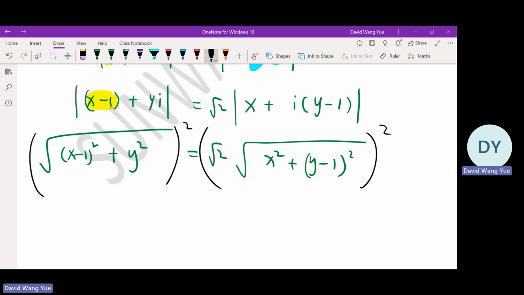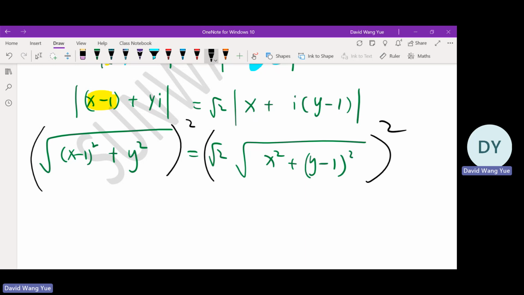Remember, this is very, very important. How do we take away the square root? If you have a square root on one side or both sides, one way is to square it. Square the left-hand side where there's a single square root, and on the right you can also simply square it.